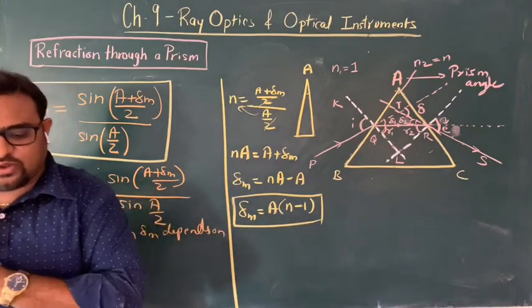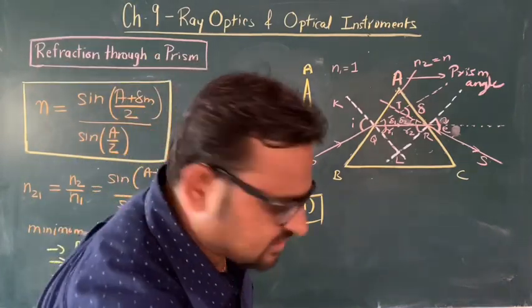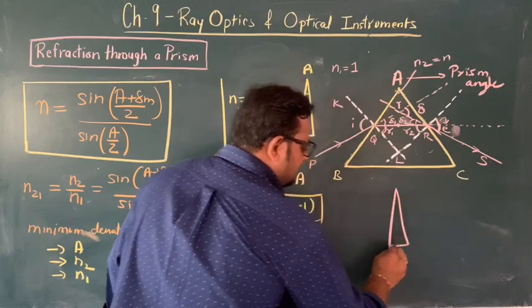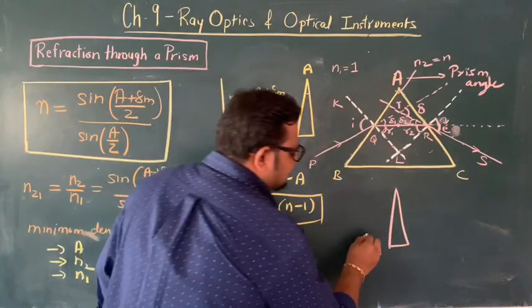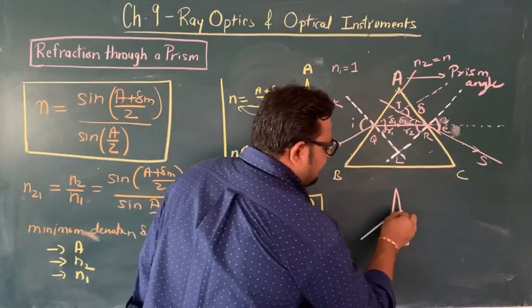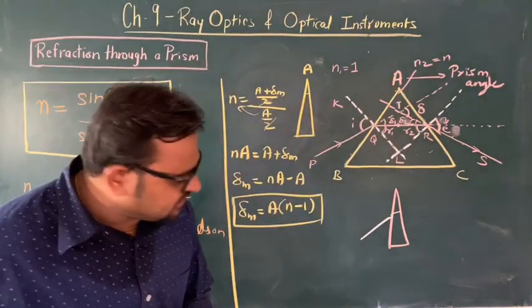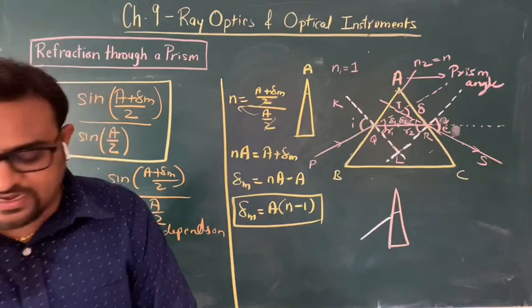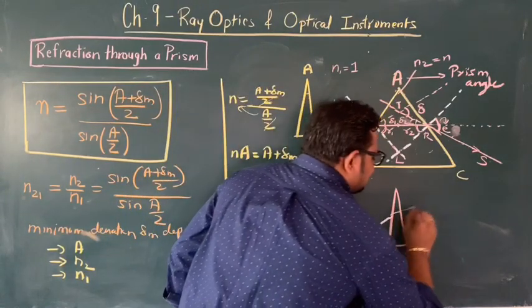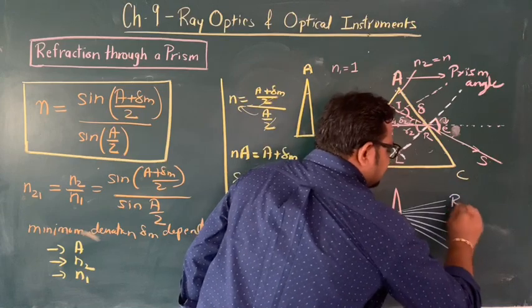Now when a white light is passed through a prism, let's take a thin prism, what happens? It deviates in the prism, and then we get 7 different colors, like this way, this violet, this red.